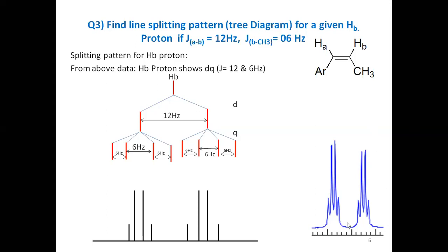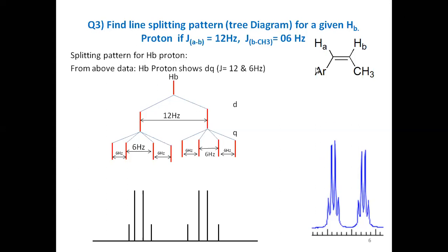So 4 lines, and these two whole quartets are nothing but a doublet. The doublet is splitting into 4 lines each. That is your two hands, and each hand has four fingers. That is the doublet of quartet. That is the tree diagram for this.